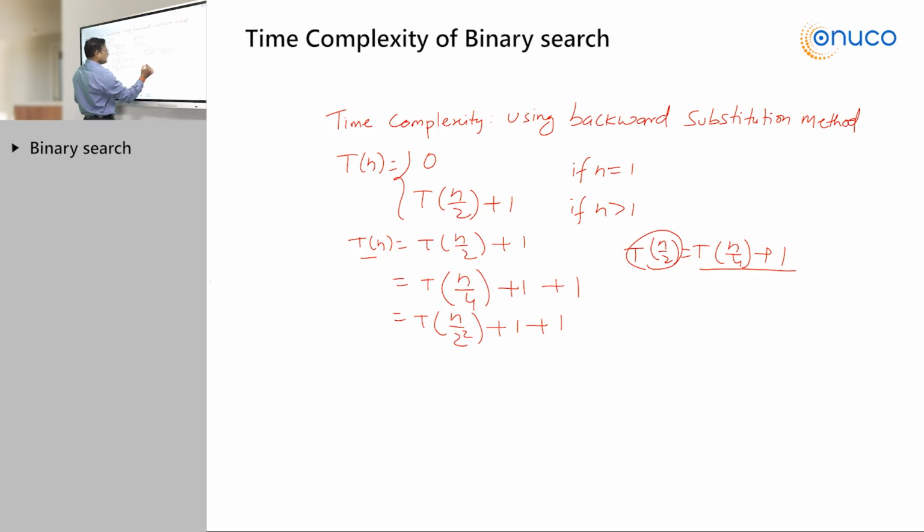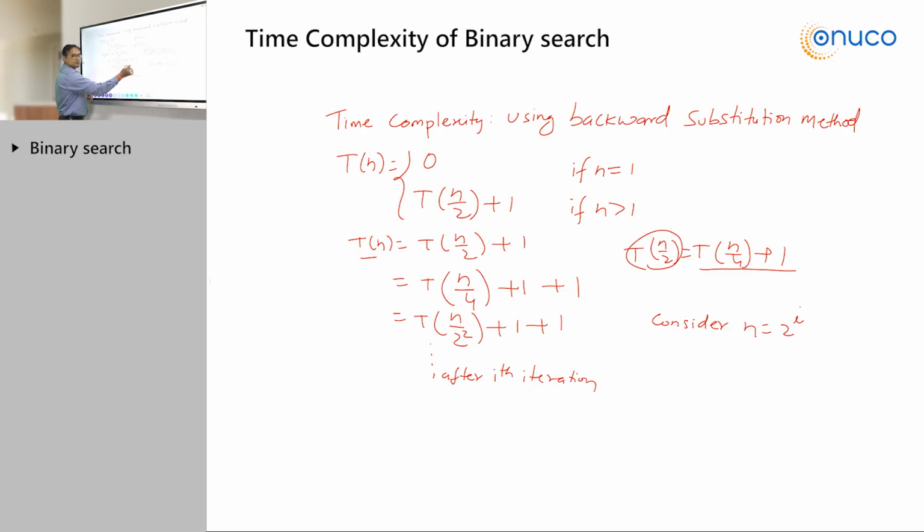So, we are going to consider n is equal to 2 power i. It means after i iterations, we'll be getting 2 power i. Right? So, in that case, what will happen? These are the first iteration, second iteration. After i iterations, what will happen here?